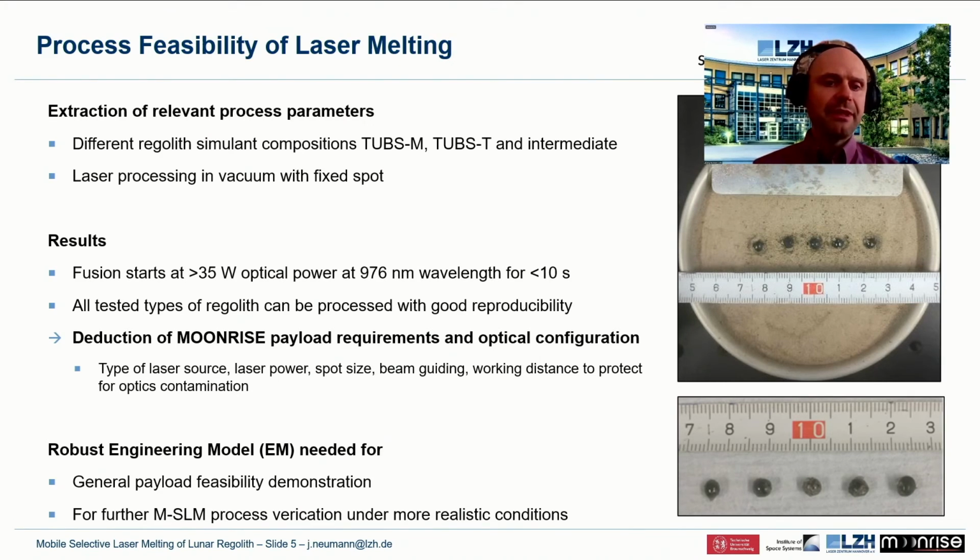With this lab setup, we can deduce the Moonrise payload requirements and also the optical configuration. So which type of laser source we have to use, which laser power, spot size, beam guiding, and also working distance towards the ground to prevent the optics from contamination.